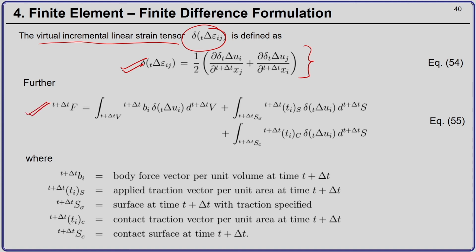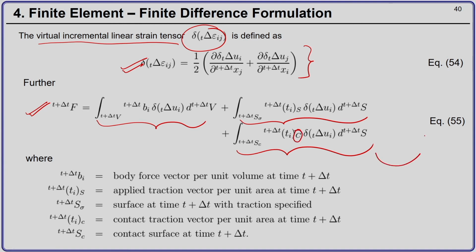Now the external forces. The external forces are due to the body forces, and the external forces due to the applied surface traction, and because we have a contact problem, you will also have external forces on each body because of the contact stresses, or the contact traction. This C over here denotes the contact.